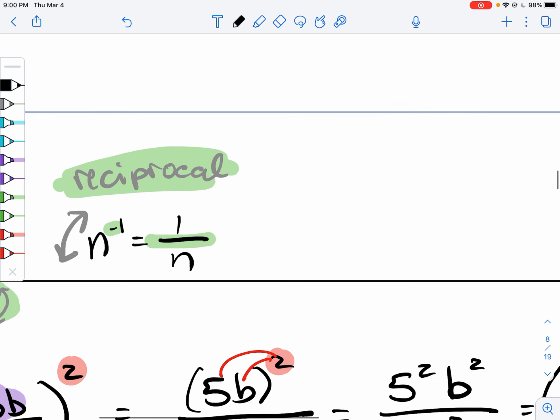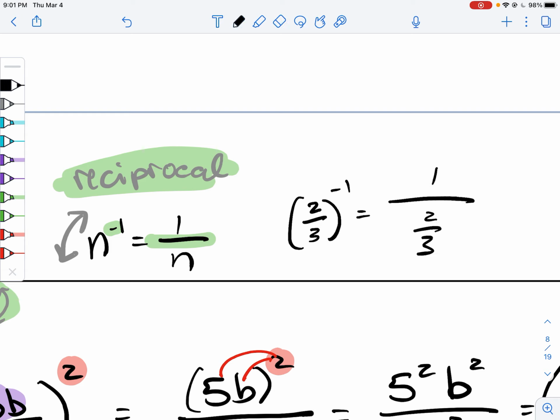So as a quick reminder from like 3 lessons ago, if you have 2/3 to the -1st power, that would be 1 over 2/3, because the negative becomes a division.